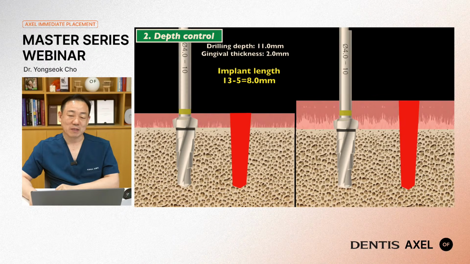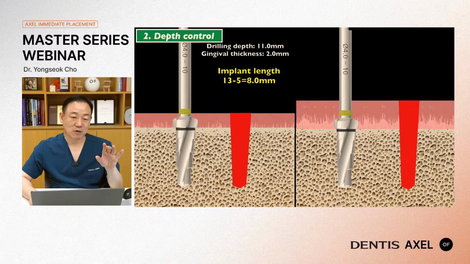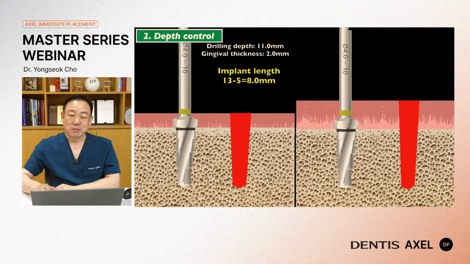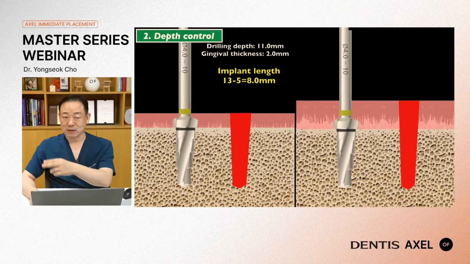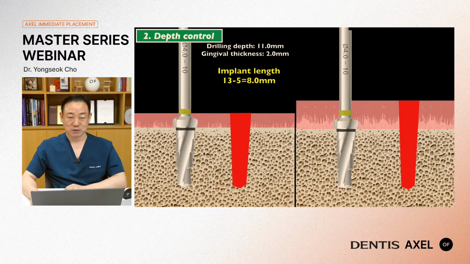When you place it 4 millimeter deep from the gingival margin, the available height is 9 millimeter. Anyway, even if we are using the same length of drill, the situation will change depending on the thickness of soft tissue, as in the right picture, which has a thick soft tissue.